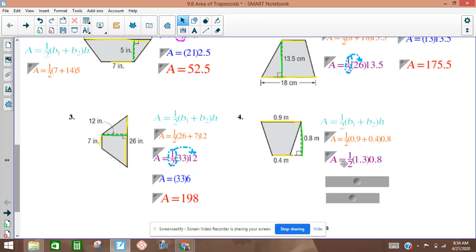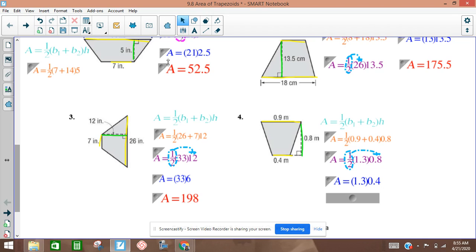So now my formula looks like area is equal to 1/2 times 1.3 times 0.8. Now from these two, which one is good to cut in half? What will be half of 0.8? And that is 0.4. So now my formula will look like area is equal to 1.3 times 0.4.